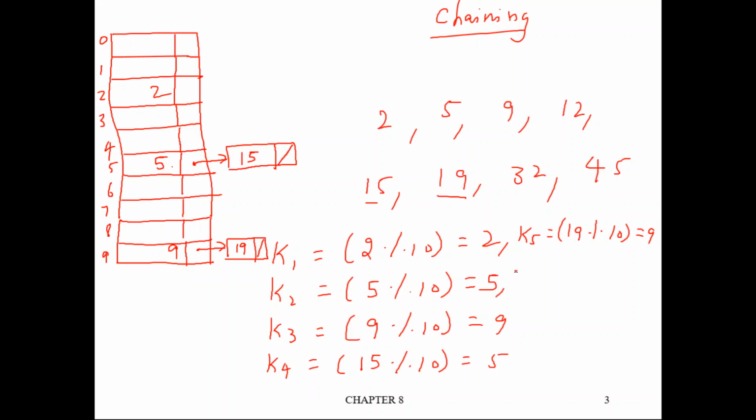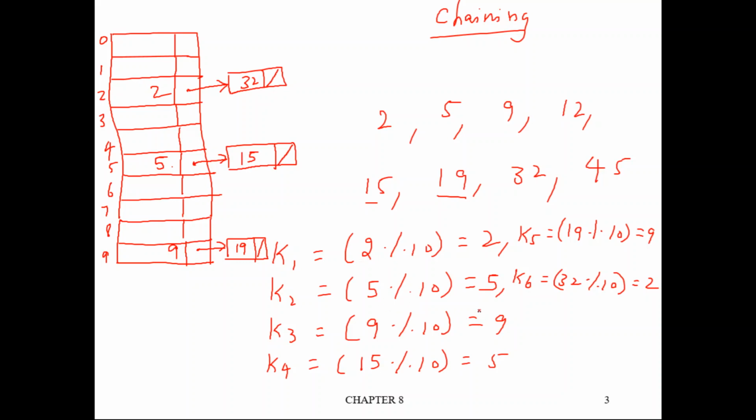So the next value that we want to insert is K6, which is 32. 32 modulo 10 is 2, since 10 threes are 30 and the remainder is 2. So 2 is already filled. There is a collision. Now again use the pointer part of this entry and let it point to another node, and this node's data part will now contain 32. Its next pointer will be null.